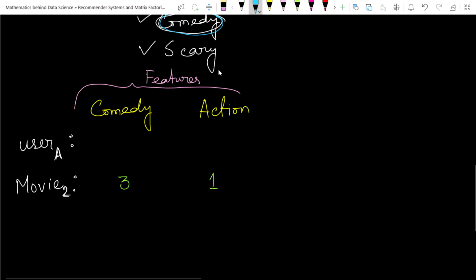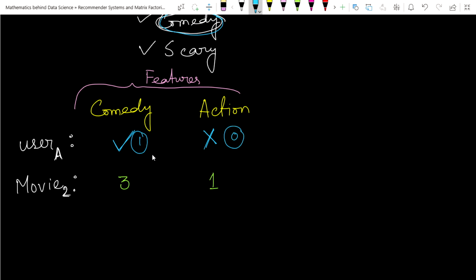Now we have to assume what kind of rating the user has given for this movie. Let's say we know that user A likes comedy movies and doesn't like action movies. Every user has a different kind of preference. Because he likes it, we use 1, and for don't like, 0.